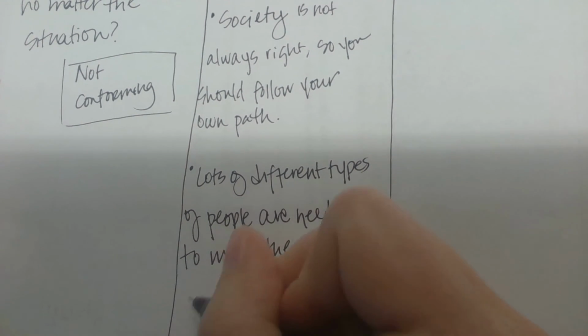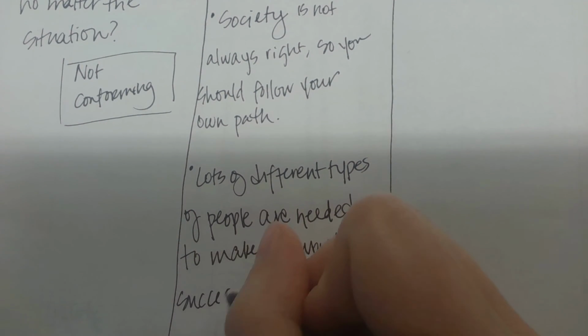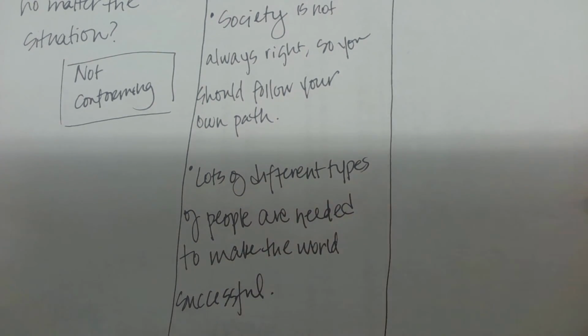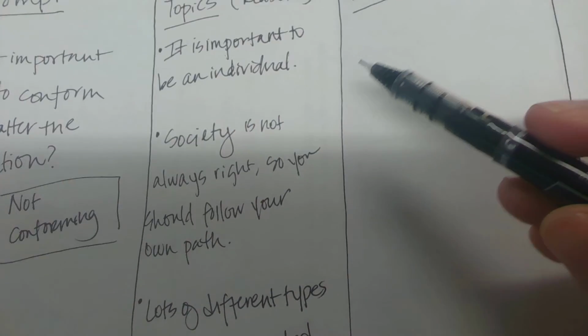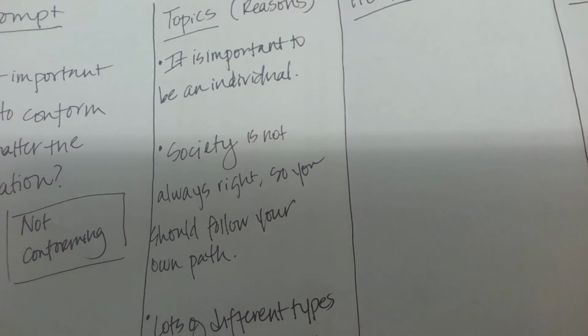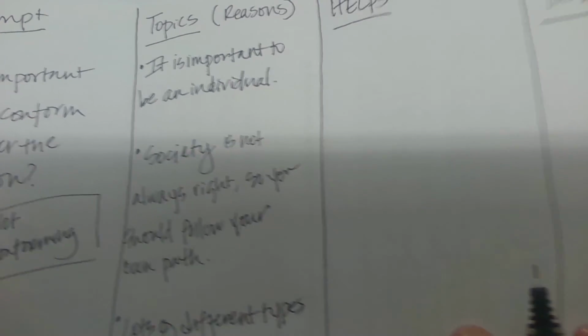Okay, so I have a few topics now to pick from. All three are pretty strong, I think I can work with. And so your next step will be moving on to the thesis statement and how to put these topics into your thesis statement, which will be in your next video.